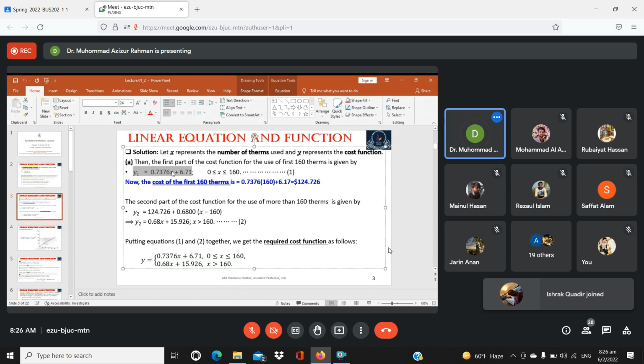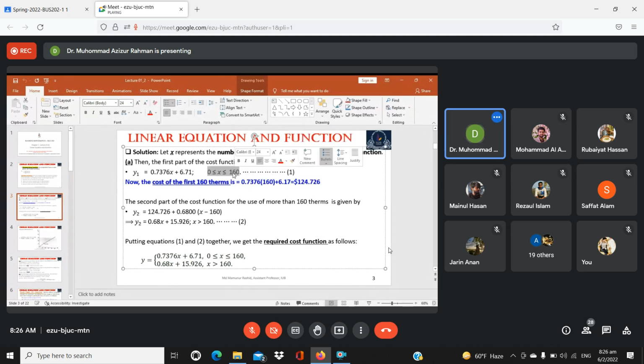The value of x is for the first 160 therms, so x cannot exceed 160. The value of x should be from 0 to 160. That means for the first 160 units, this will be your cost function.